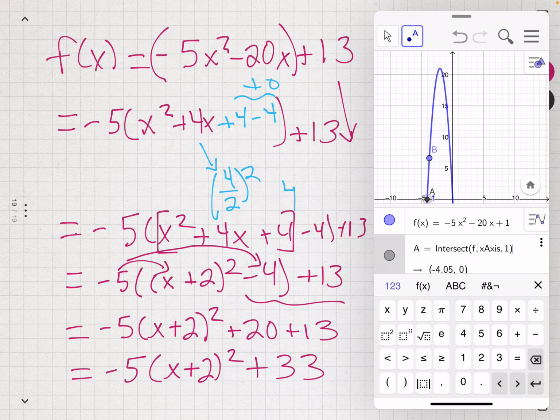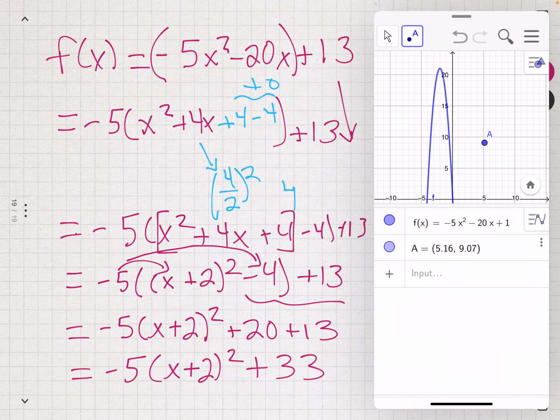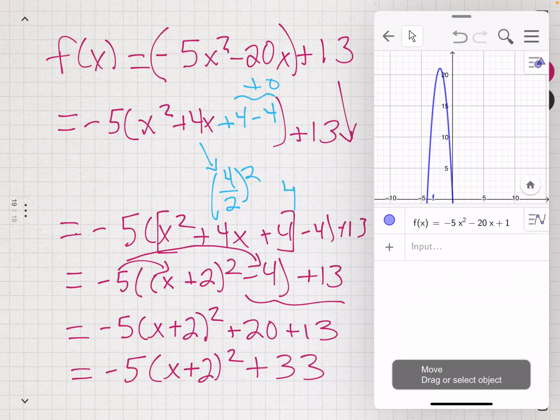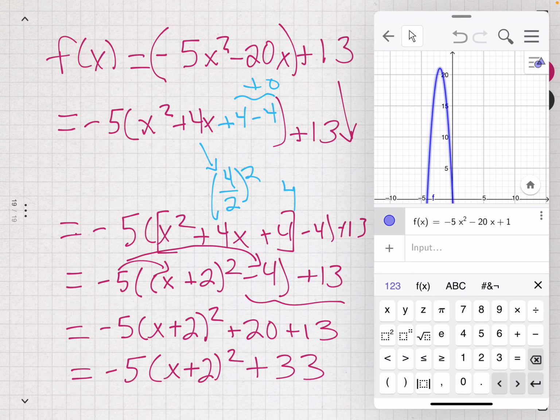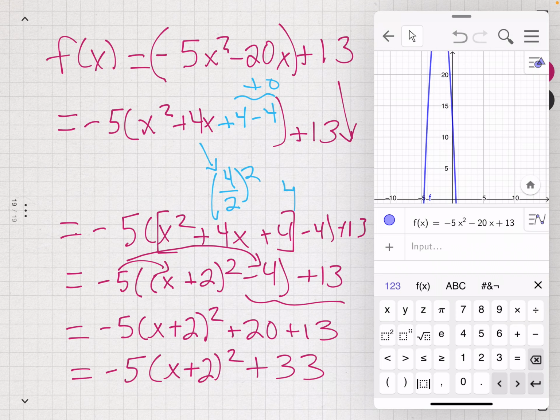Is that believable? I would say it is, because it opens down, and my intercept, oh, I missed a number, didn't I? Plus 13. Negative 5, x squared, minus 20x, plus 13.